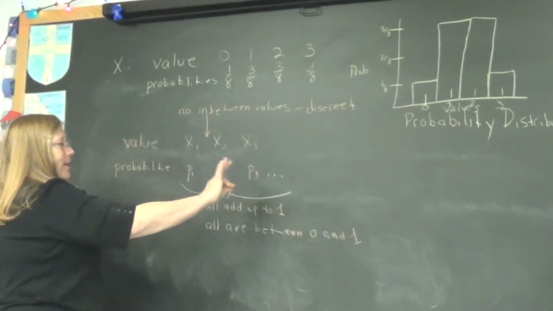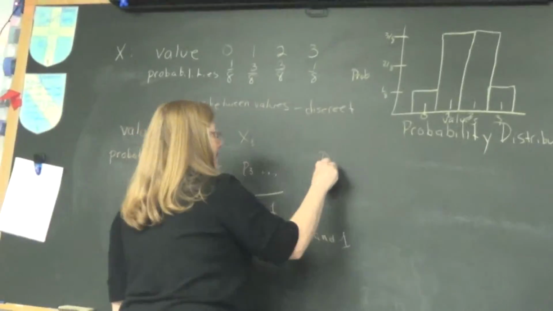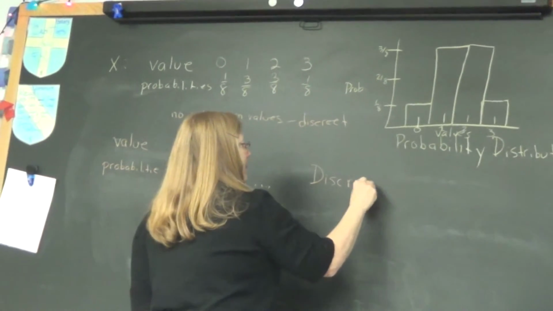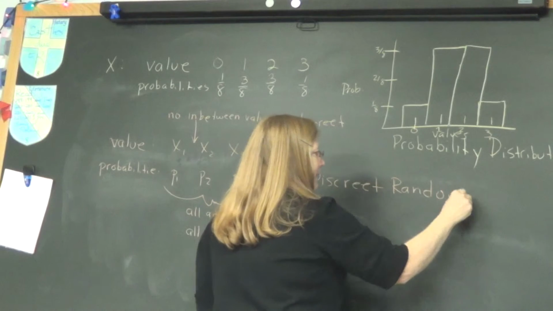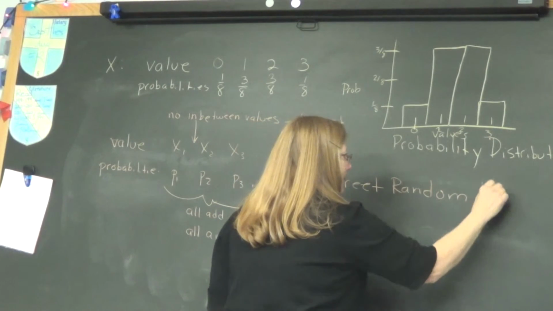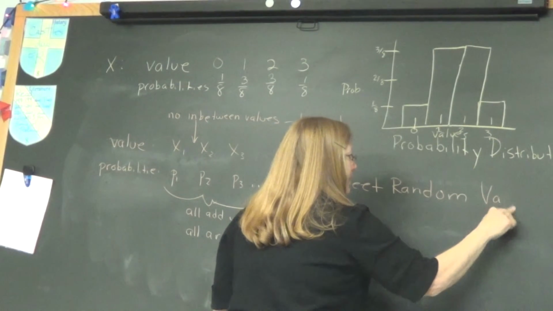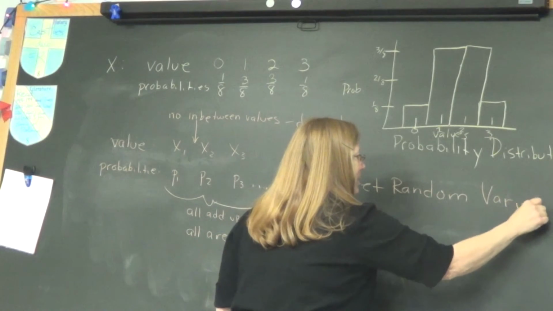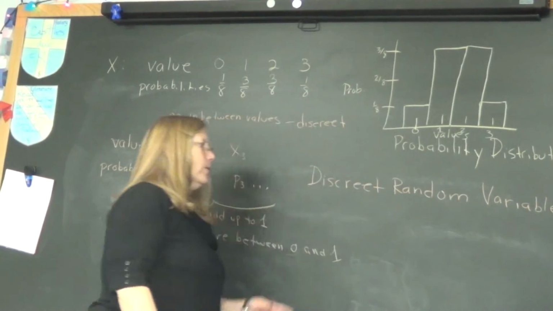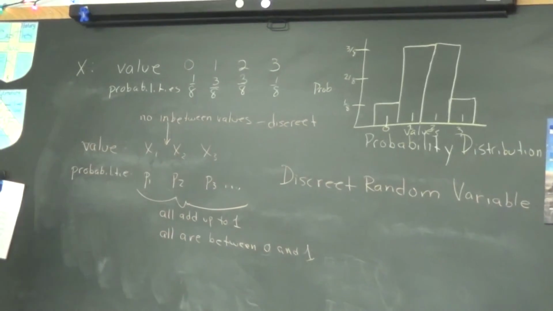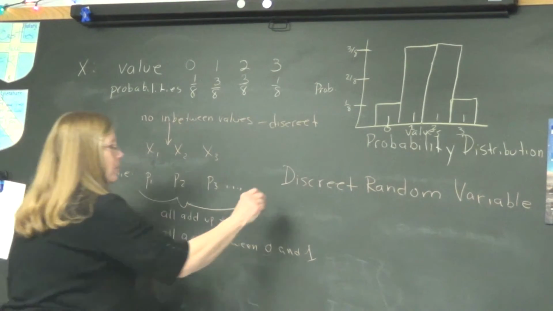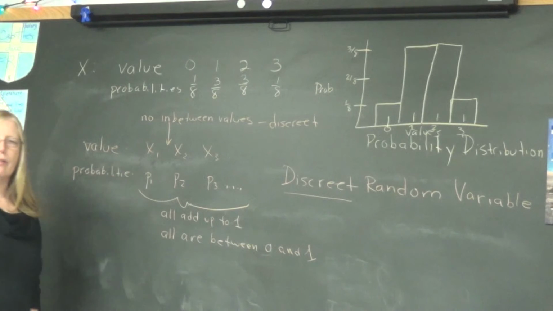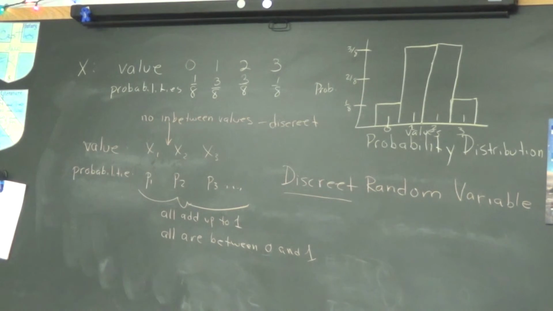So therefore, we call this whole section discrete random variables. Random tells you again that you're having a chance event, and variable is the one that's taking on several different values, depending on what the random chance event is. So all I did is I added the word discrete, and that means there are no in-betweens.